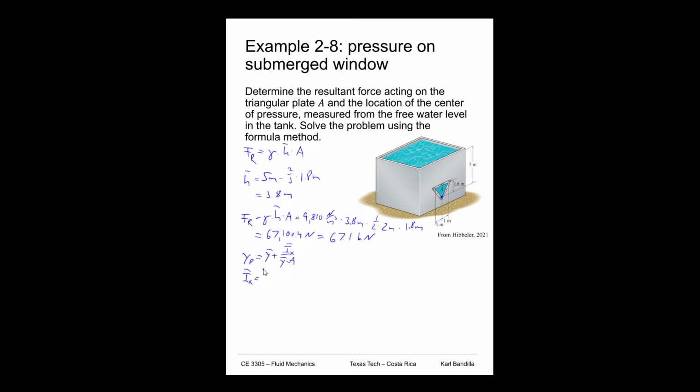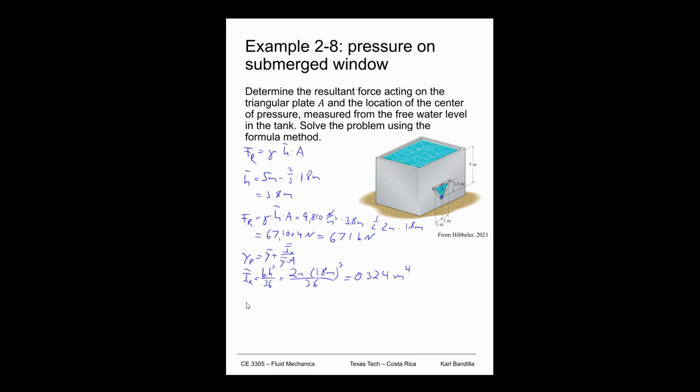It's just b times h cubed over 36. In our case, the base is 2 meters, the height is 1.8 meters to the third power, divided by 36. And that turns out to be 0.324 exactly, and of course, meters to the 4th power.